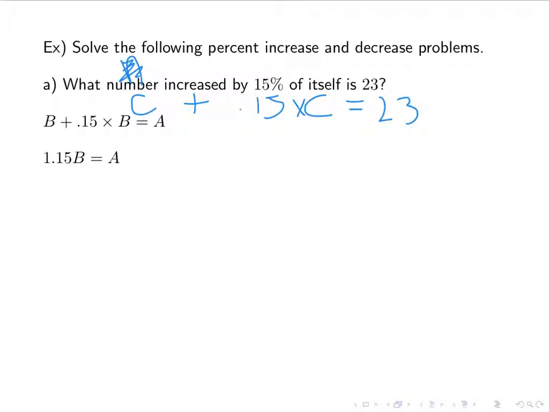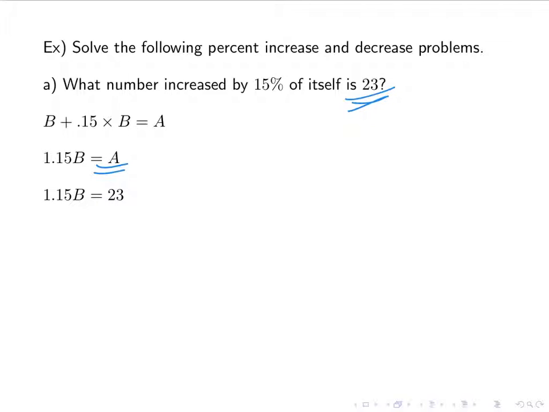So if I'm just translating from math to English, I get exactly this equation, which means that C, the number I'm looking for, is actually B, and the 23 is the A. So to solve for B, I'll divide both sides by 1.15, and I get that B is 20.